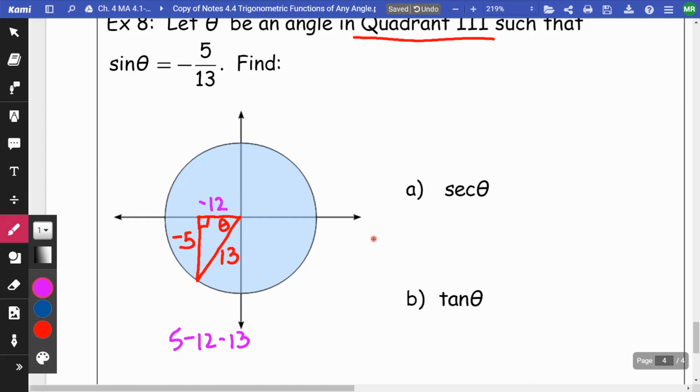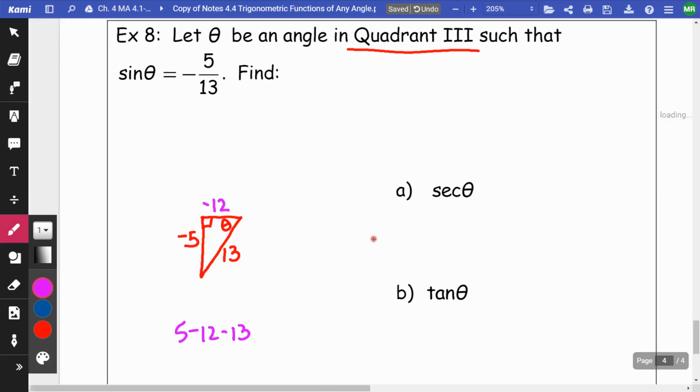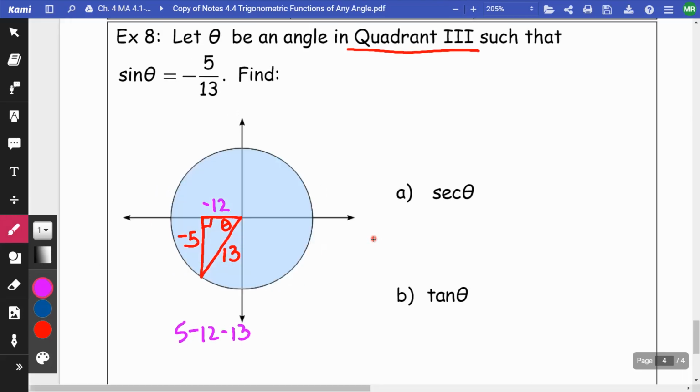And obviously I did not draw this to scale. So now I want to find the secant. Remember, secant is the reciprocal of cosine. My cosine is adjacent over hypotenuse, so my secant, which is what I wanted, is going to be the reciprocal of that. So it's going to be a negative 13 over 12.